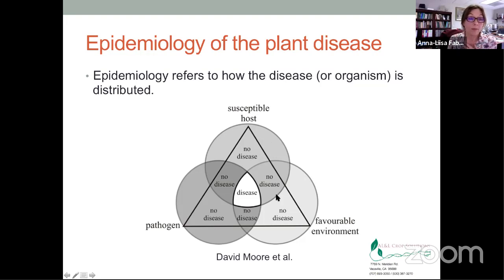Maybe somebody will do that research at some point and screen enough strains against Fusarium wilt, and maybe one day there will be resistant varieties of cannabis available for growers. And of course, without the pathogen, we would have a susceptible host and a favorable environment, but if we don't have the pathogen, we have no disease.